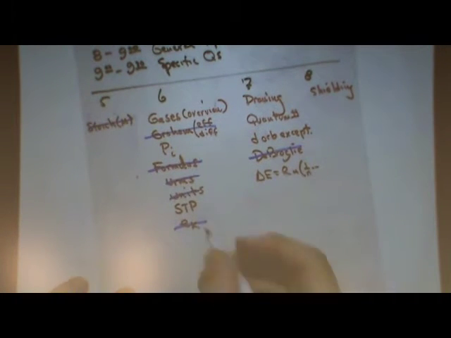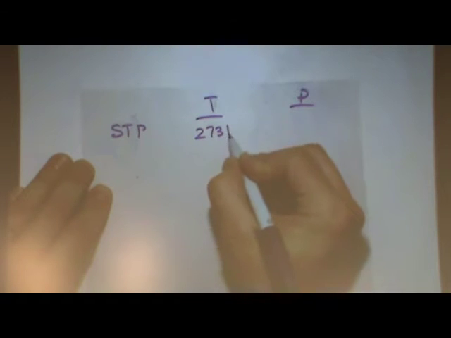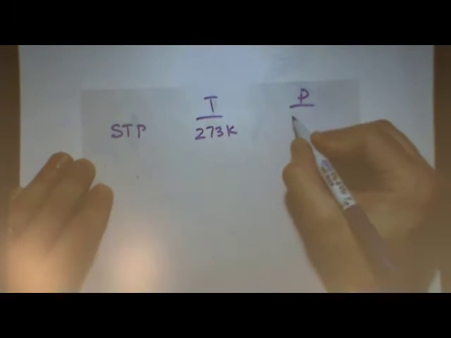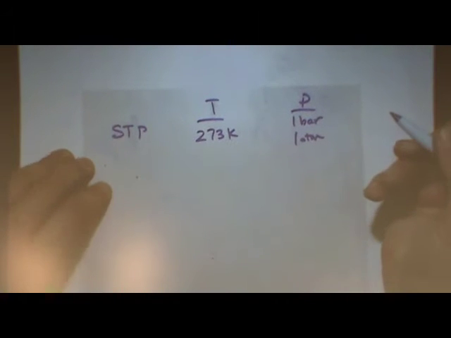Okay, let me say a little bit about STP. Because different books have done different things, I am going to have to specify what I mean by STP. STP means standard temperature and pressure. It's always 273 Kelvin, but the pressure is either 1 bar or 1 atmosphere. I'll just specify for you.